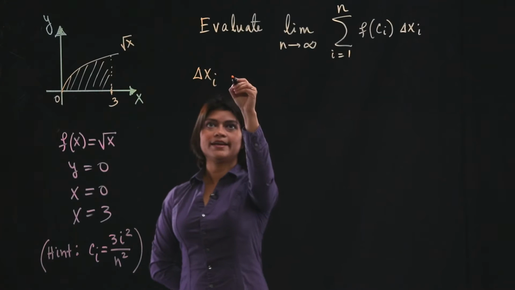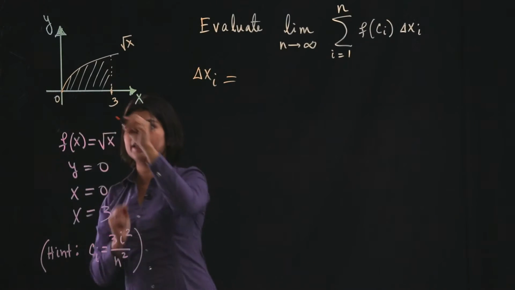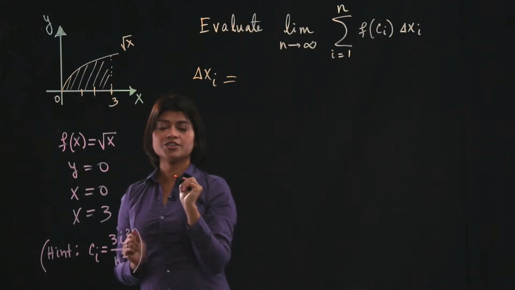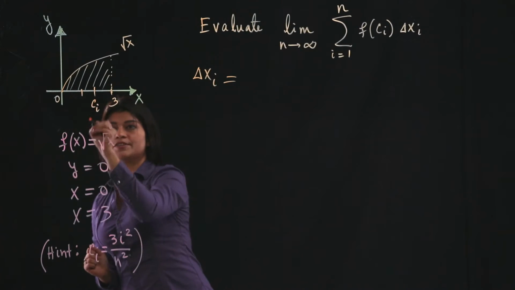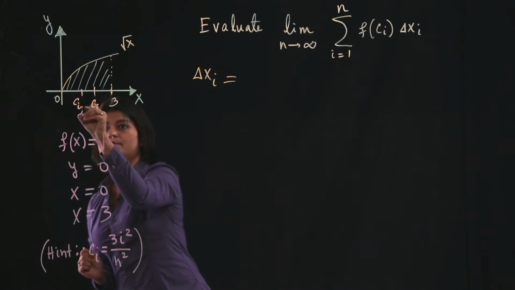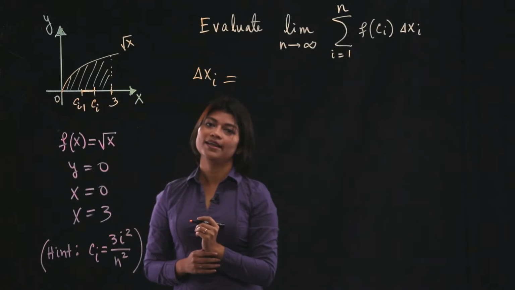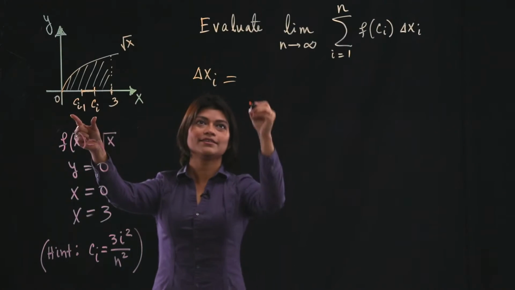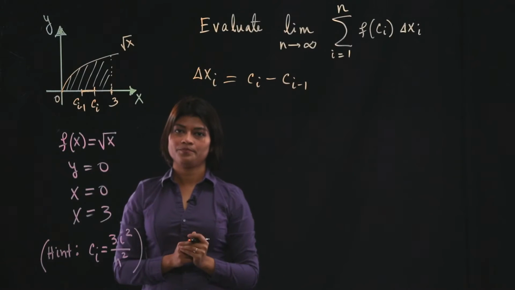As you know, delta xi is the difference of the two x values. So when we partition it, say this is ci, then the previous value is ci minus 1. Then delta xi is that length. So how do we compute that? ci minus ci minus 1.